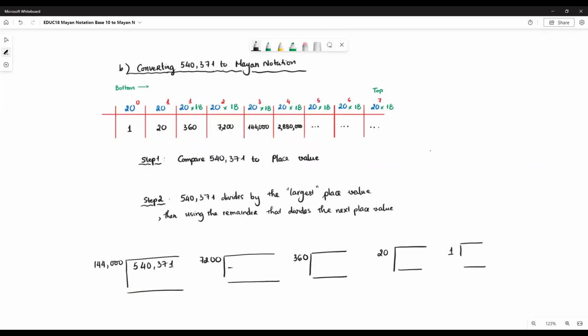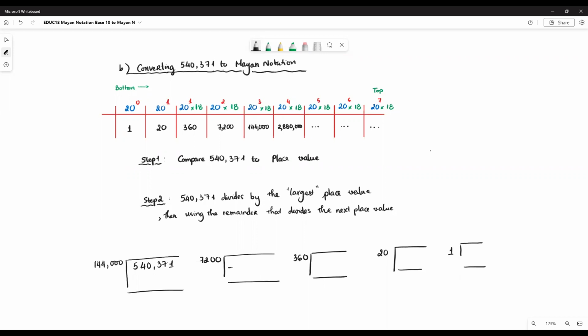Okay, so in the second example, I would like to give you a number that is bigger than before. Here is the requirement from the question: converting the number 500,040 and 371 to the Mayan notation. That's a really big number.